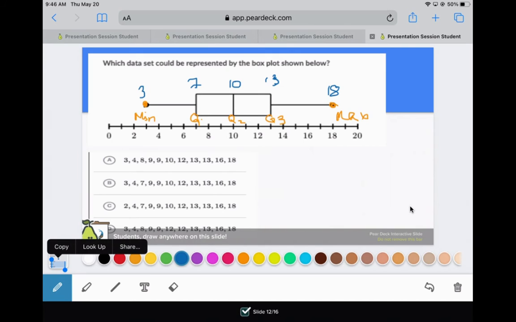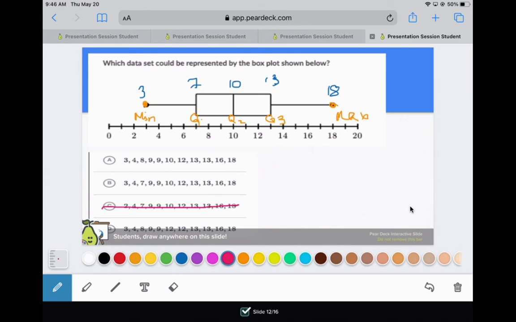There is one choice that I can eliminate right away. Can someone tell me what choice I can just cross out right now and I don't even have to consider? C. C, yes, because I'm looking at my minimum, and I have the 2. That's not my minimum. Thank you. So C is out of the question. We don't need to look at it.